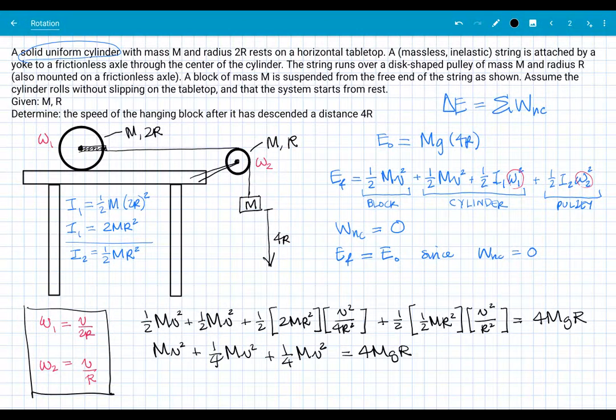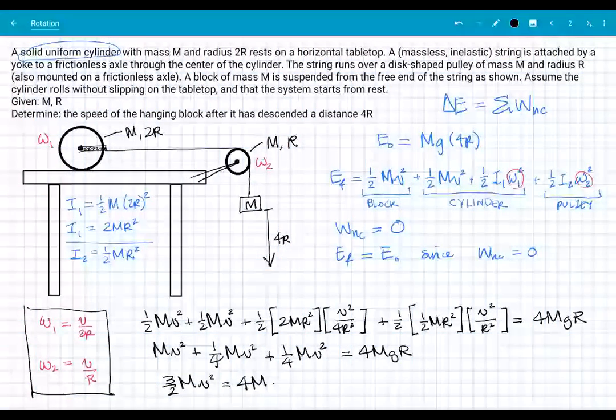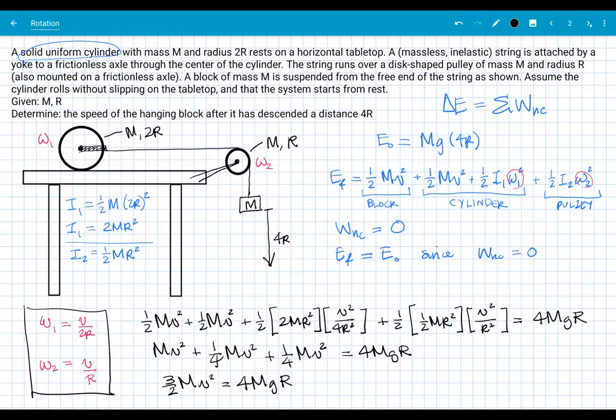This simplifies even more. On the left-hand side I now have 3/2 mv squared equal to 4mgr, and then we can solve for v here. We end up with the square root of 8gr over 3 for the speed. So that's my final result.